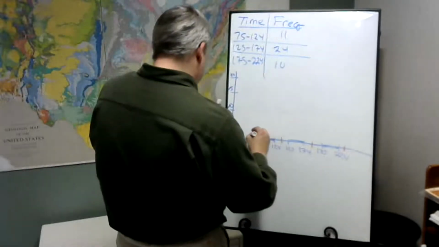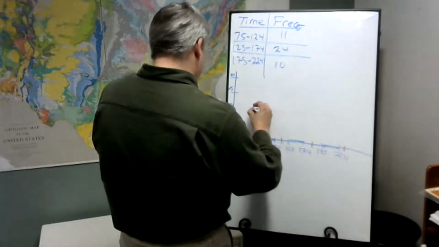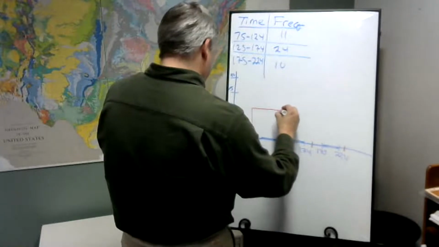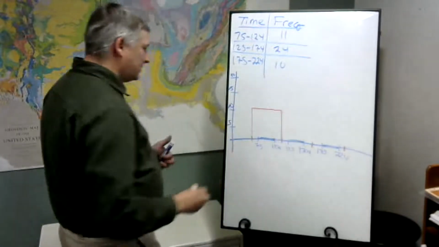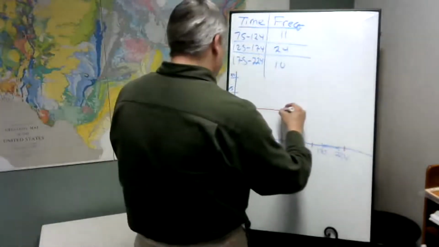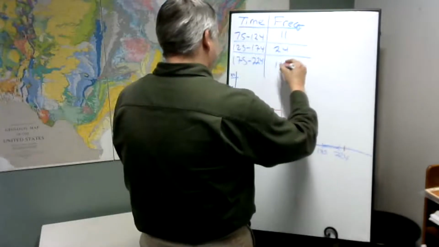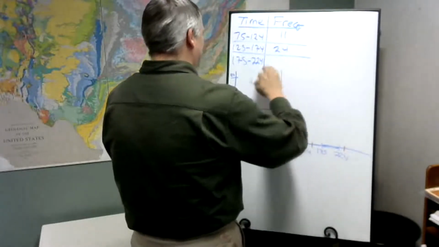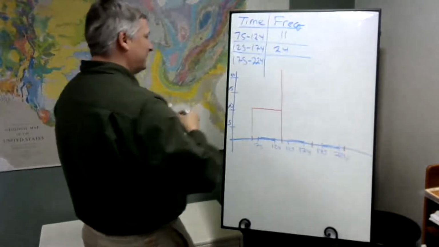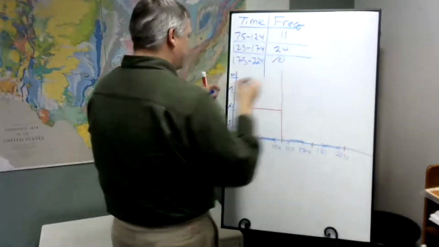So 11, and it's going to do something kind of like this. This one, 24. Ooh, I'm going to shoot right past 20. Get way above our limit here, or above our tick mark.